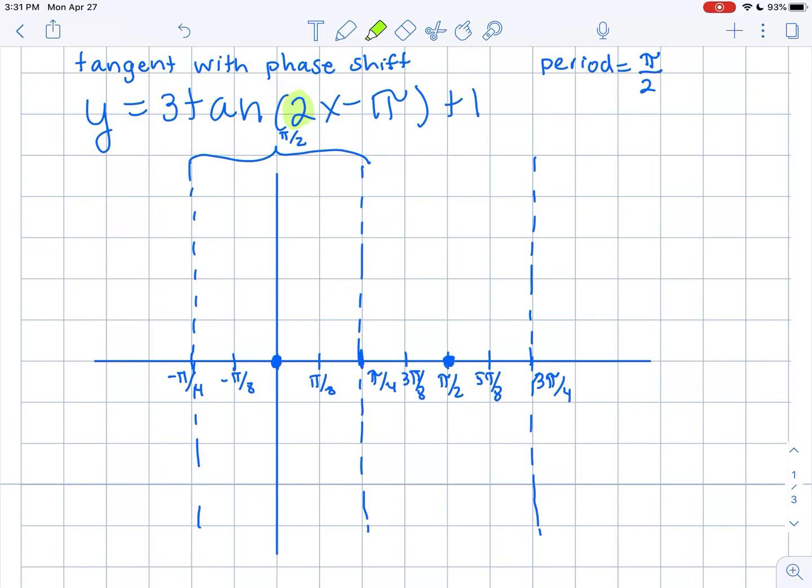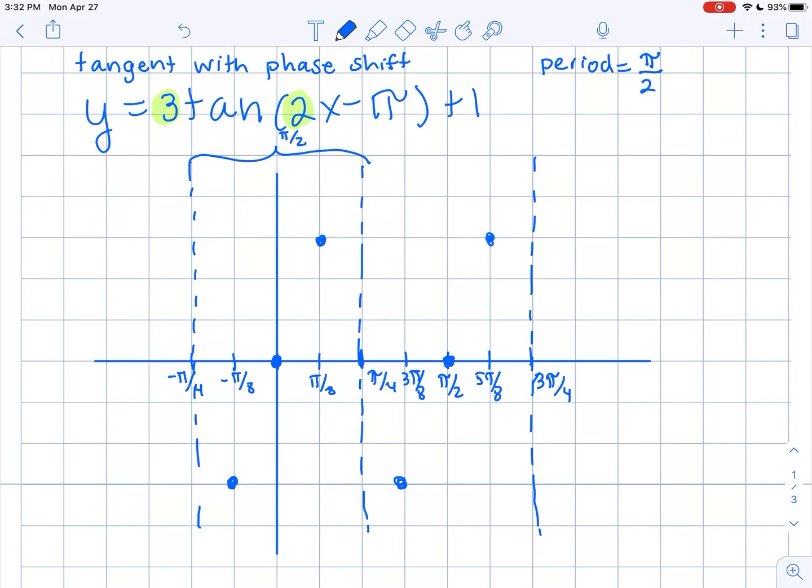However, when we take a look at this 3 out front, the 3 will take the point that typically is at pi over 8, 1, and stretch it up to 3. So I will erase the marker here with the arrow and just put the point there. What was at negative pi over 8, negative 1 gets stretched to negative 3, and same on the next cycle.